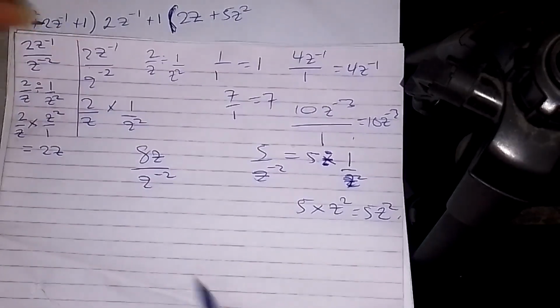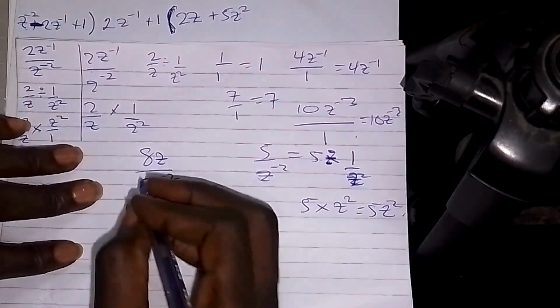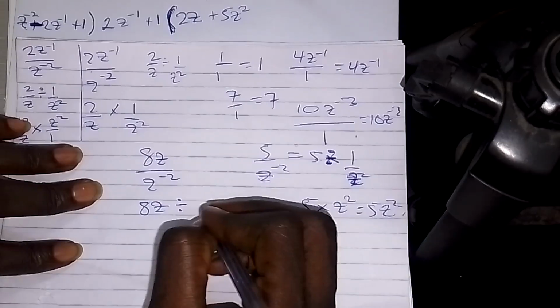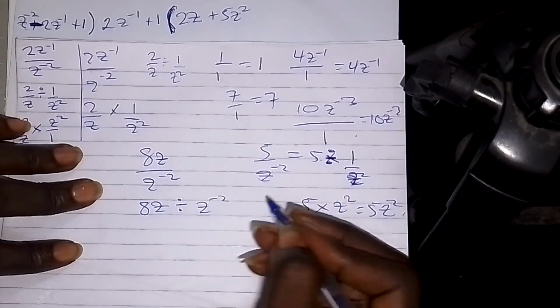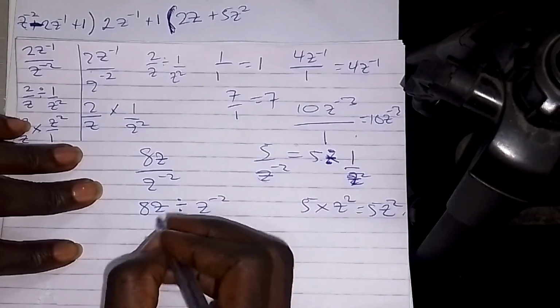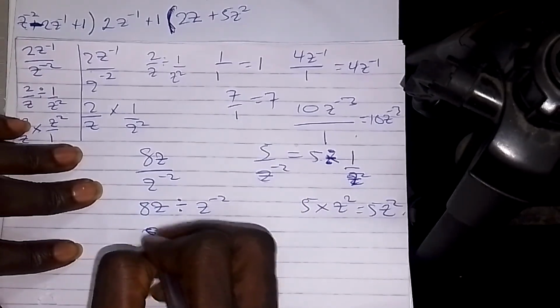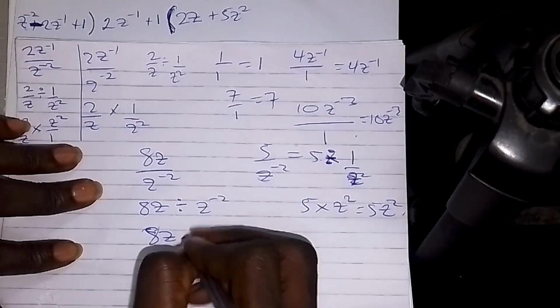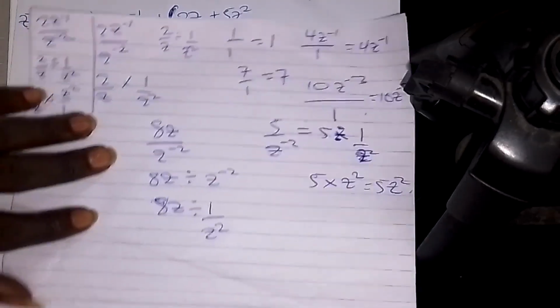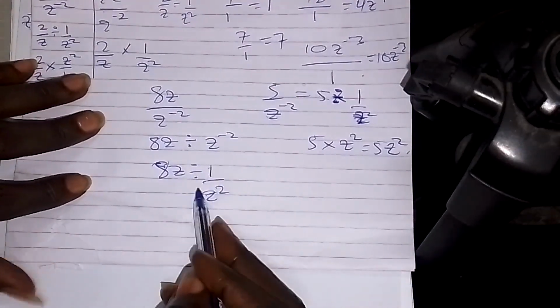Okay, so now if I want it, then I'll say that 8z divided by z exponent minus 2. This is the same thing as 8z divided by 1 over z squared.